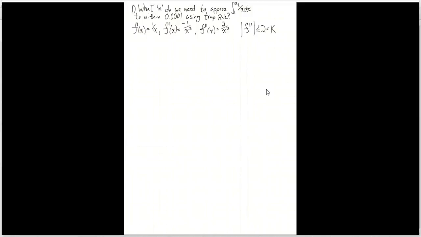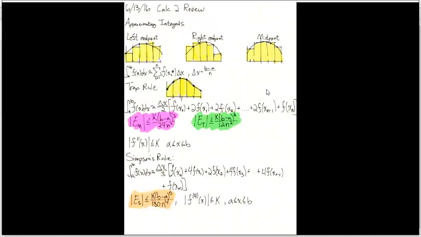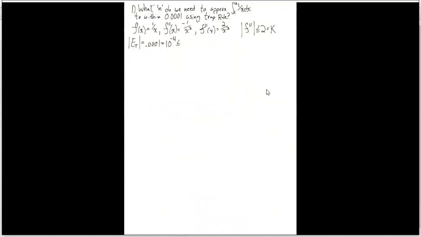So now let's write out our error. This is going to be equal to 0.0001, which we can just rewrite as 10 to the -4th. Now this, from our expression in green, is k times b minus a cubed over 12n squared.